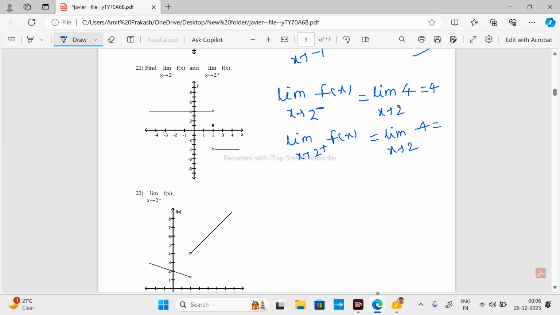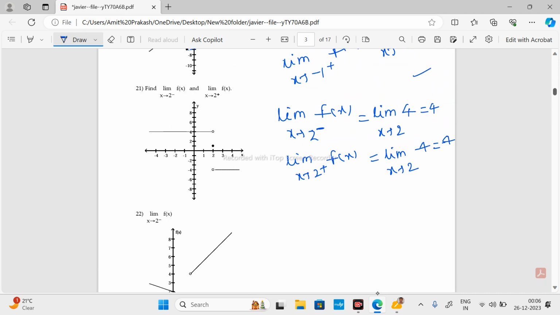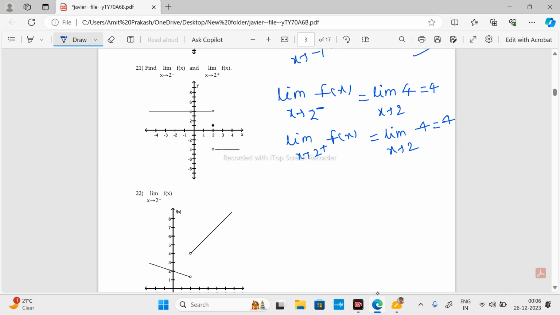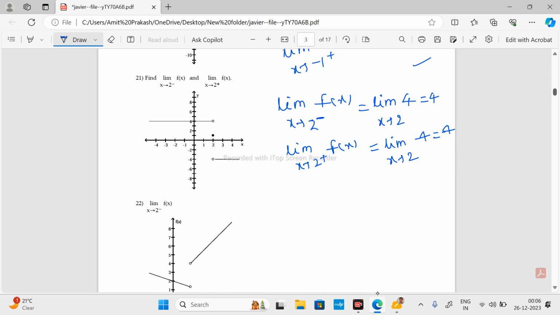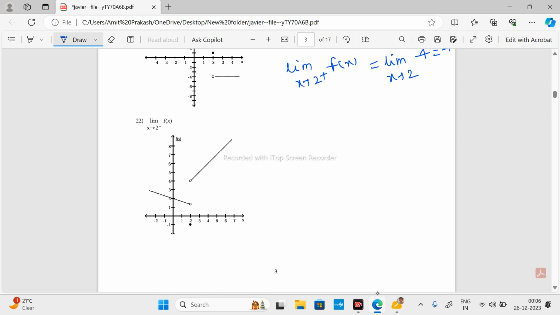So again, in problem number 22, we can also say that the limit does not exist at x equals to 2 in graph 21.